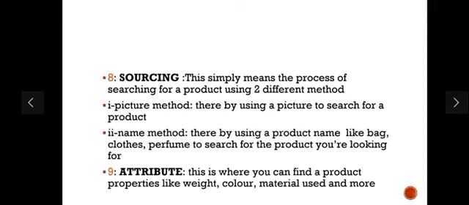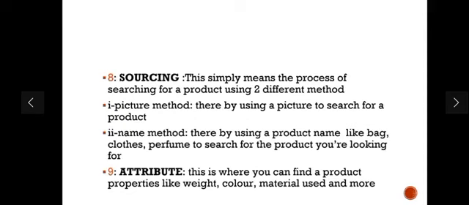So number 9 is also very important that you should take note of, which is the attribute. This is where you find the product properties like weight, color, material used and more. One thing that I would like you to always take note of in anything you are buying is the weight of that particular product. It is very important you know the weight, because it is with the weight that you're able to calculate both your shipping cost and your custom clearing cost.